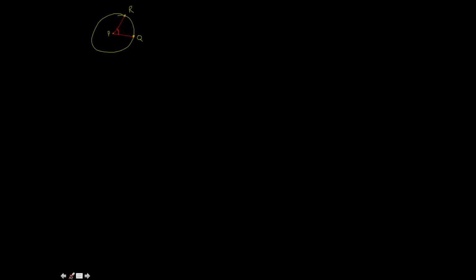And this green part here, RQ, is what we would call our arc. That is what we would call our arc. So here's what we say. We say that angle RPQ subtends arc RQ.